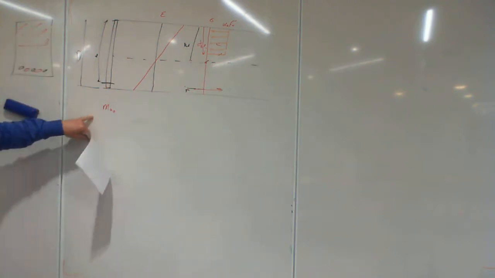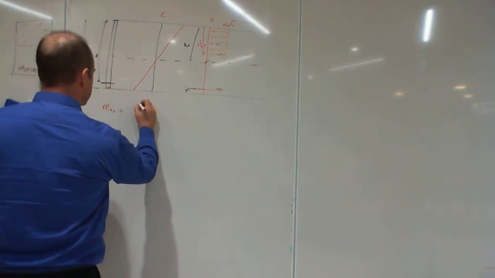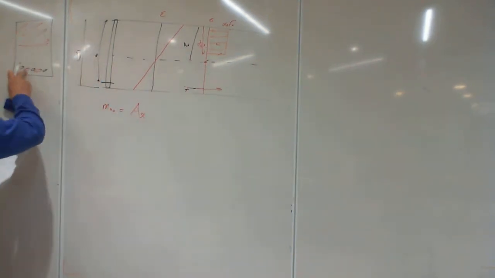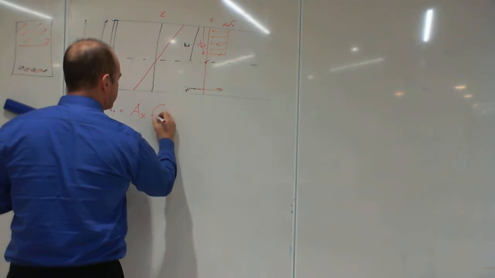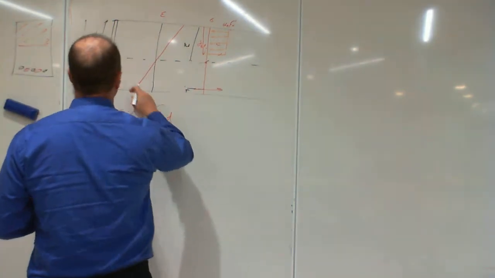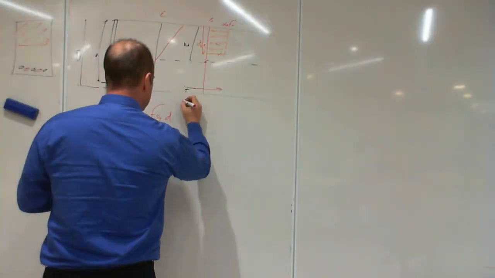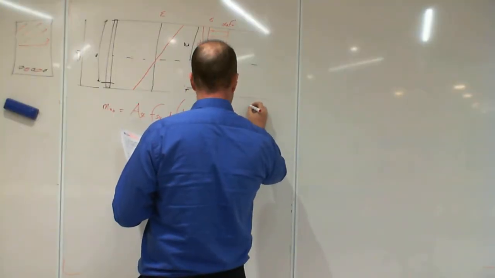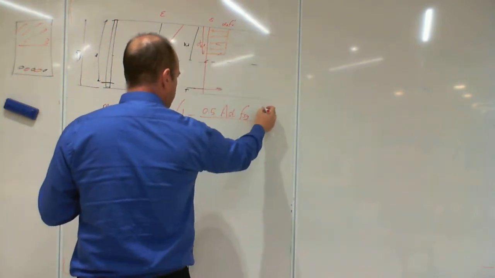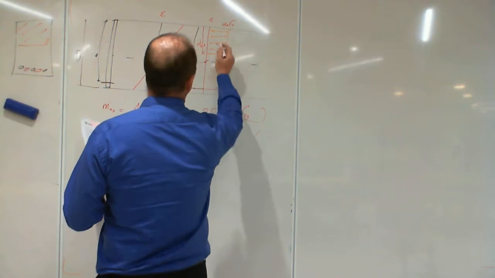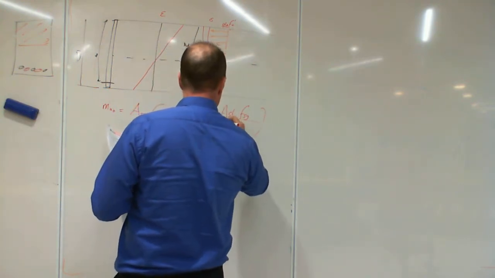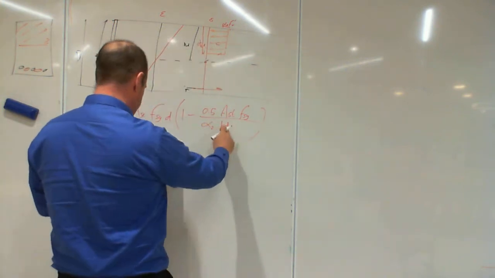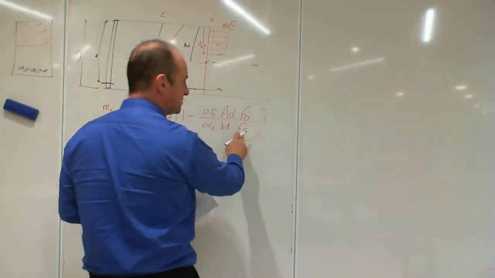Mu naught, which is the bending moment capacity of the beam, equals the area of steel in tension, which are those bars there, times fsy, which is the yielding point of the steel, which is 500 megapascals, times d, distance in concrete, times 1 minus 0.5, area of steel again, fsy, yielding point of steel again, over alpha 2, that's that value there, times b, times d, those are dimensions of the beam, times f'c, which is the strength of the concrete.